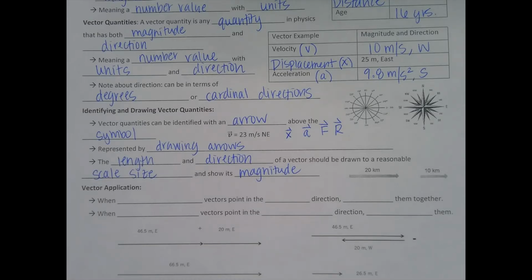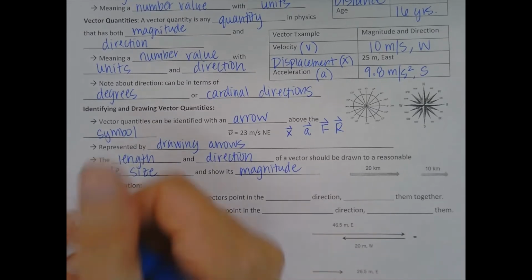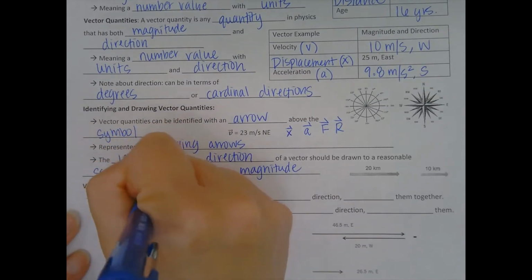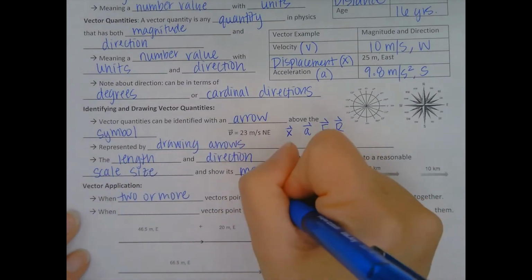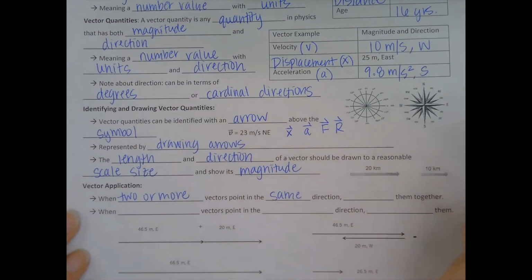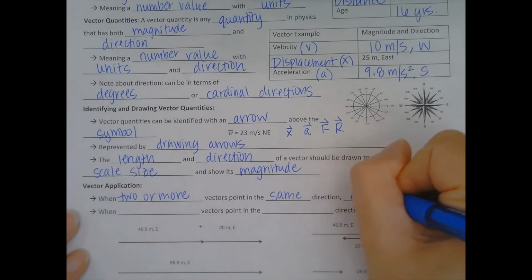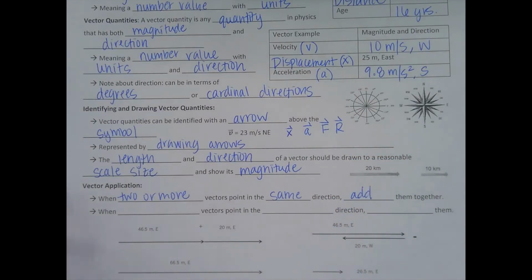Okay, great. So what am I going to do with these? Well, vector application. When two or more vectors point in the same direction, you can add them together. So indicating here that we have two or more vectors in one dimension heading in the same direction, we can add them together.